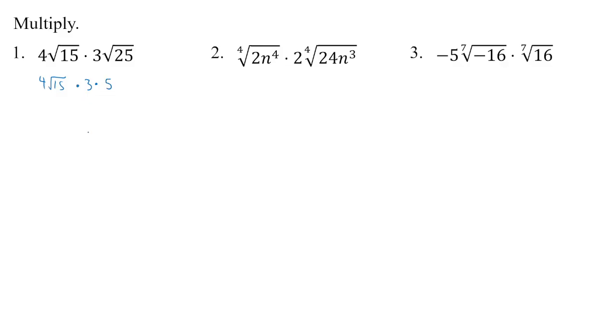You can't take the square root of 15 or simplify it, so therefore we're going to go ahead and multiply coefficients. We got 4, 3, and 5. You get 60 times the square root of 15.